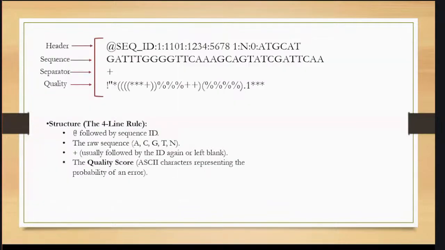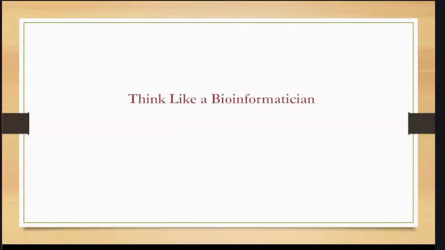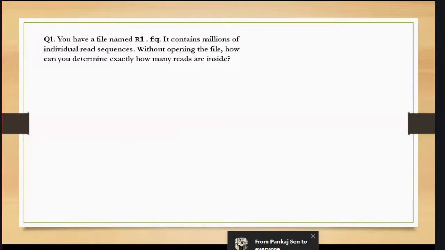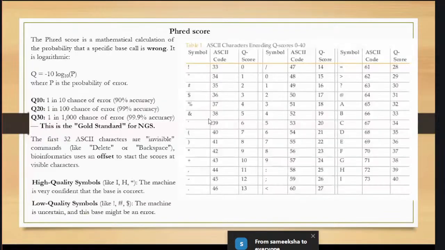Ma'am, we can change the greater than sign with the at the rate sign. The point is you are somewhere correct, but it's not exactly right, because in this particular image we have given quality scores and the at the rate symbol is also present in the quality scores. So in the file there is a possibility that you have at the rate in the quality.